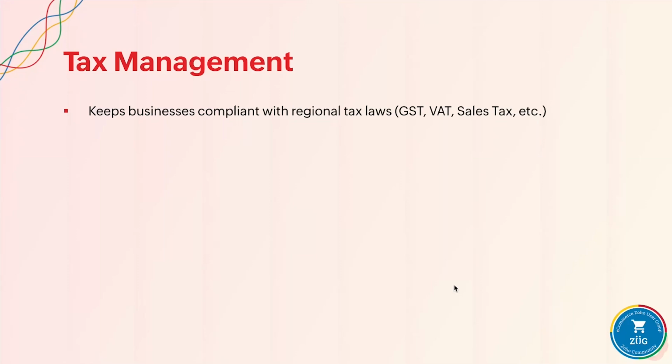This 1099 form can be submitted for the bills to the Internal Revenue Service. There is nothing much you can do about it, but this is the only option available in the US. And when it comes to the UK, there is HMRC, which is applicable for the taxes as well.